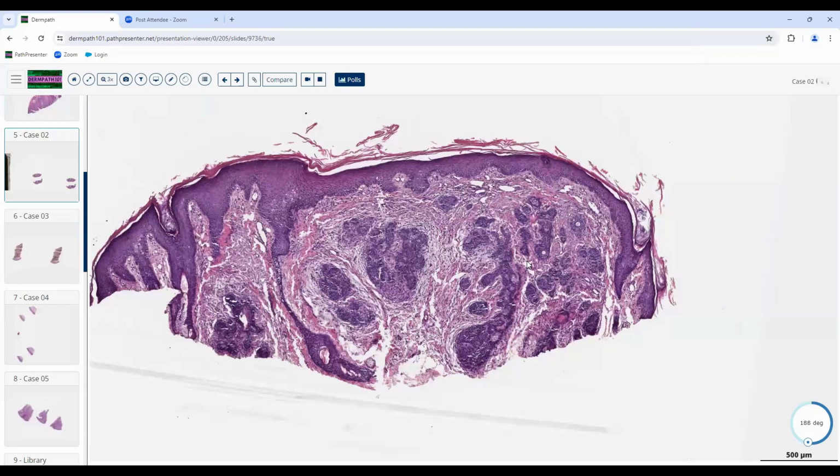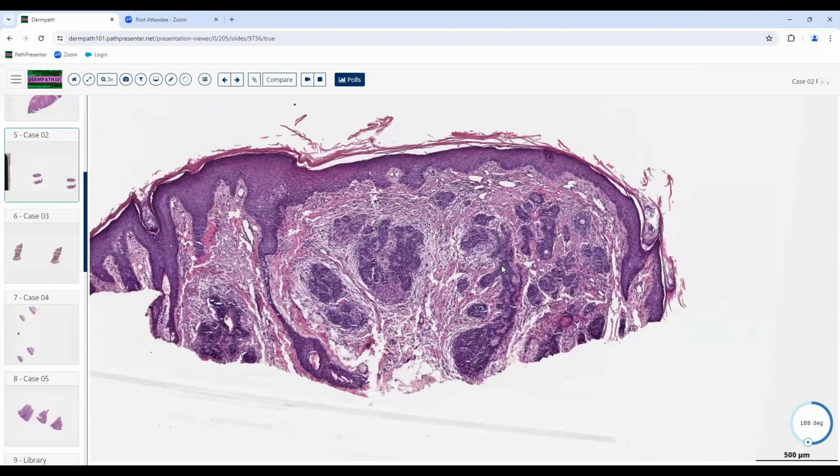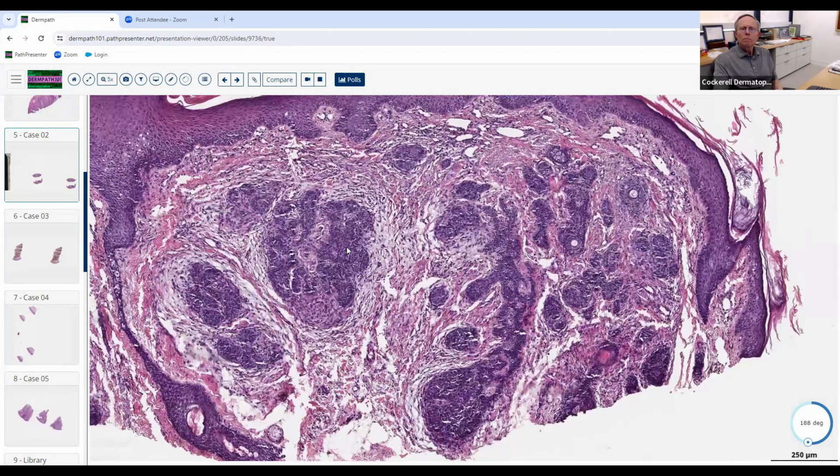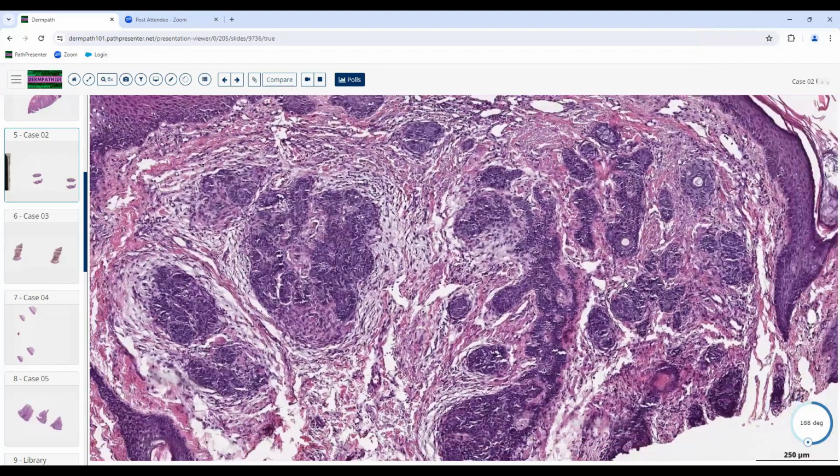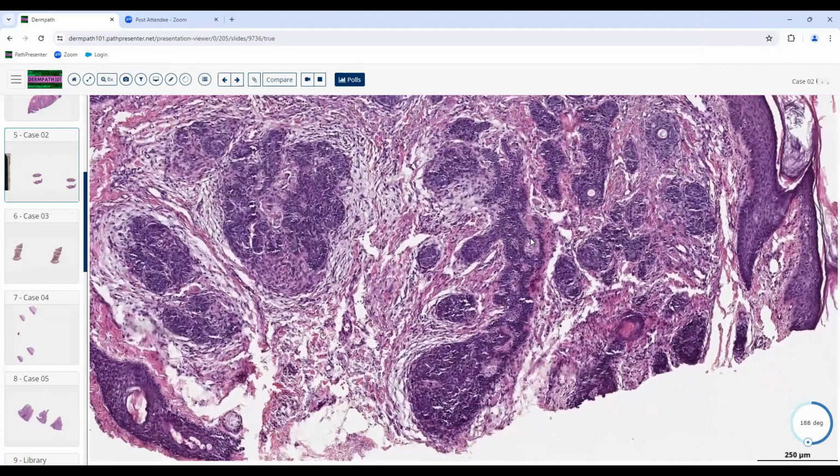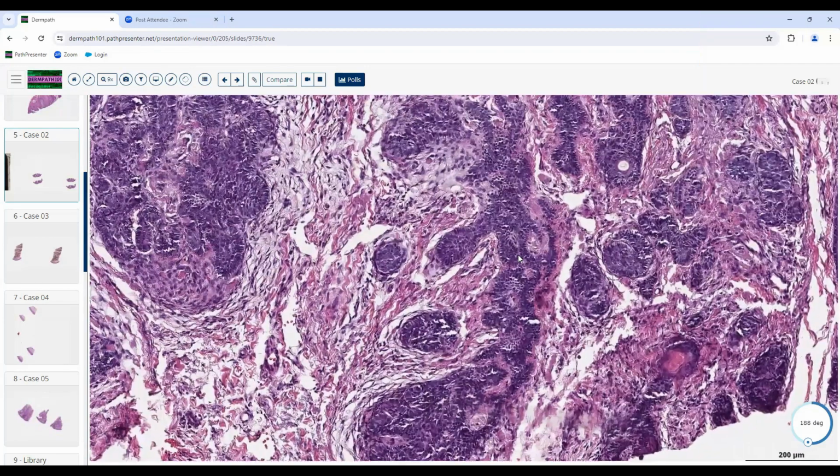Now, once again, is there any syndrome that's associated with this lesion? Brooke-Spiegler. For trichoepithelioma, yeah, that's one. I thought there's a familial trichoepithelioma syndrome.